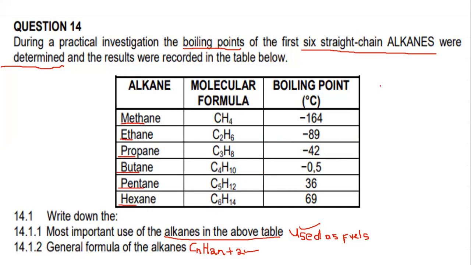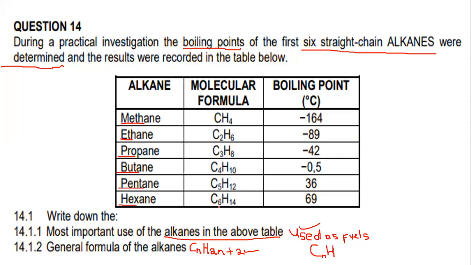So we know that this general formula must have carbons, and this general formula must have hydrogens. Then we check: if the number of carbons is n, then I will just put n there.